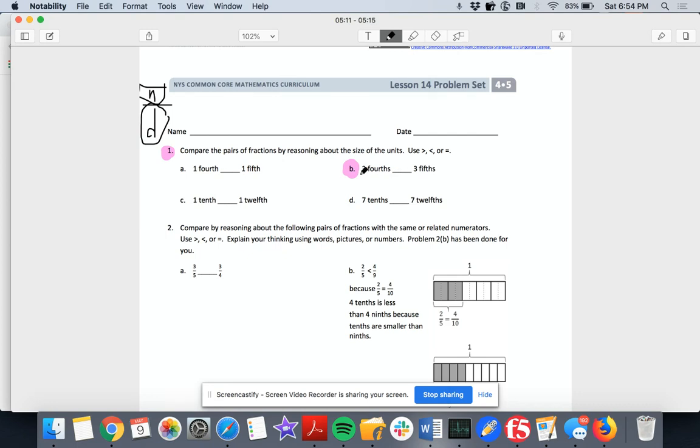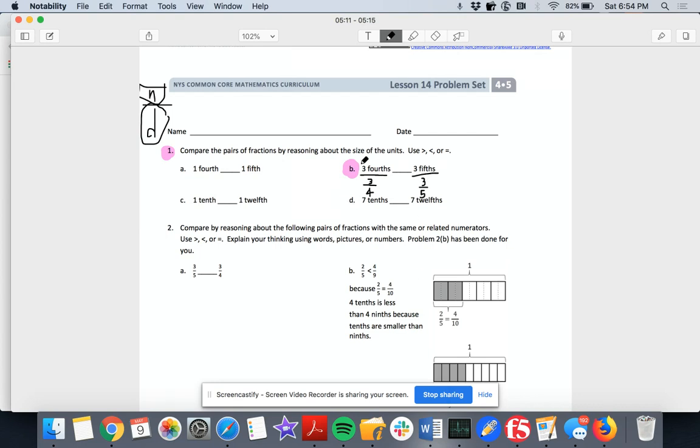So I'm going to compare 3/4 and 3/5. And just for the sake of being logical, I'm going to rewrite this in fraction form. So in fraction form, 3/4 is simply 3/4, and 3/5 is simply 3/5.